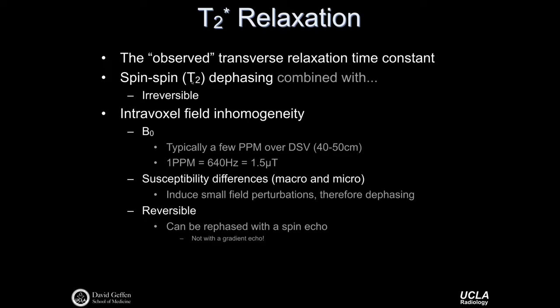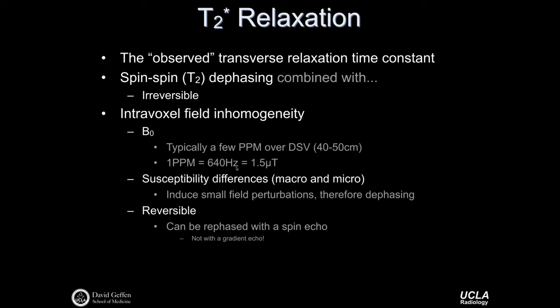But there are, in fact, reversible reasons for which the spins will also dephase, largely due to what we call intravoxel field inhomogeneity. If our B0 field is not perfect, and it never is, typically it's off by a few parts per million over what we call a diameter spherical volume of 40 to 50 centimeters.